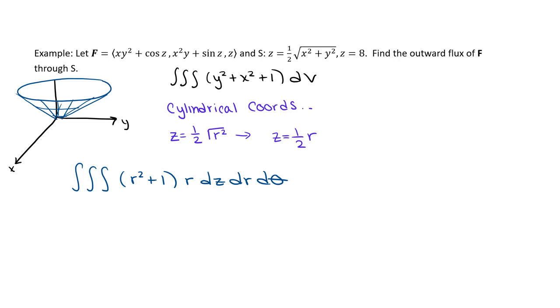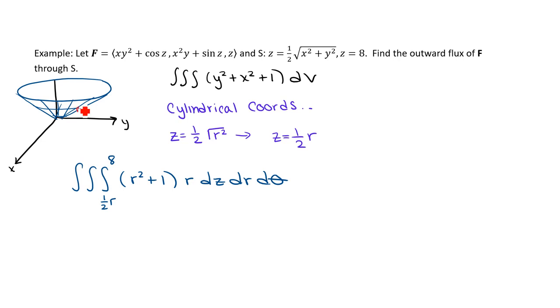So my integral in cylindrical coordinates, the y squared plus x squared is an r squared. So the function I'm integrating becomes r squared plus 1. And then I'm going to replace the dv with the r, dz, dr, d theta.